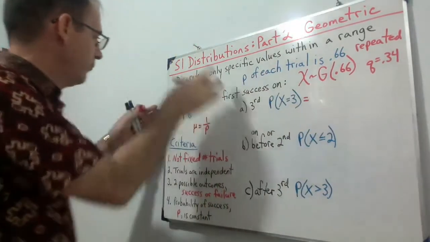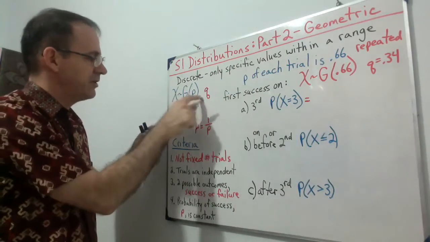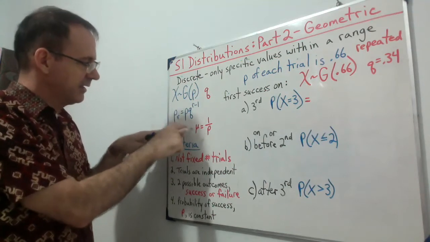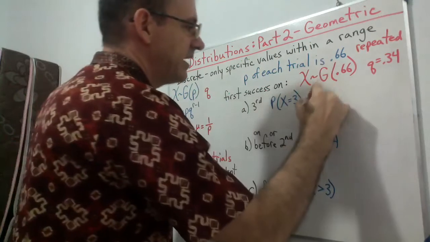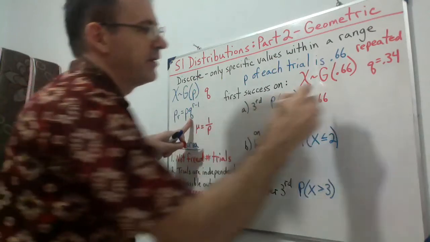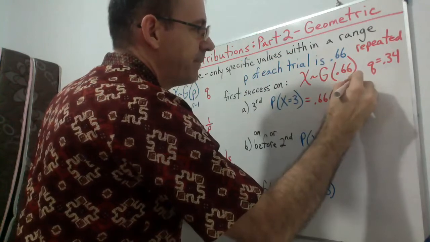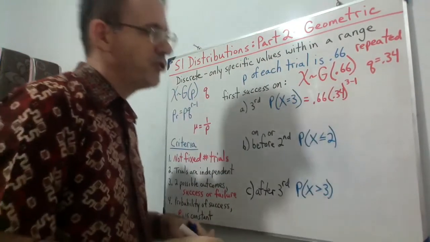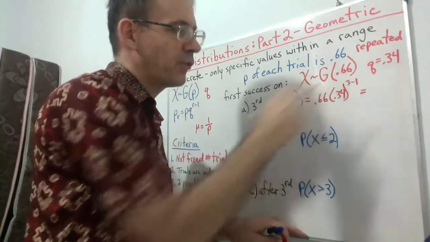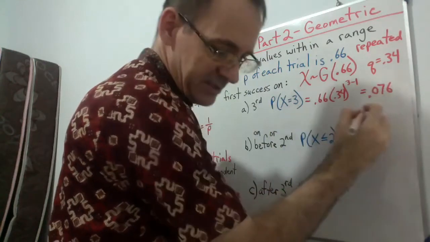Here's our formula. I rewrote some of the information over here so we had a little bit more room to work with. So here's the notation. Here's our formula. So the probability of it being on the third, there's going to be one success and R minus 1 failures. So we're going to get 0.34 to the 3 minus 1, or in other words, 2. And when you multiply that out, 0.66 times 0.34 squared, you should get 0.0763.